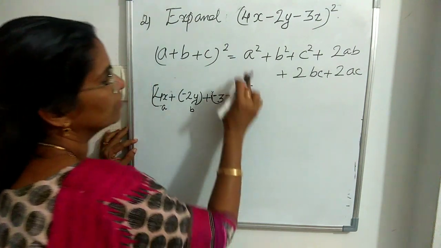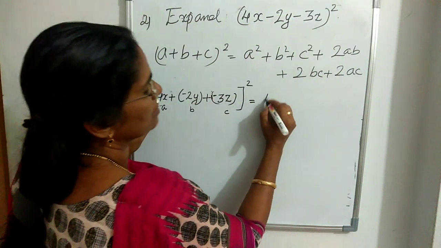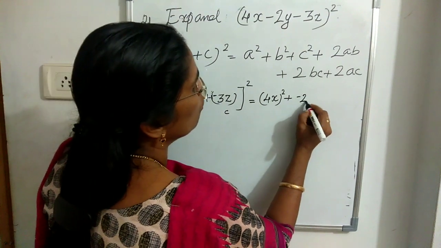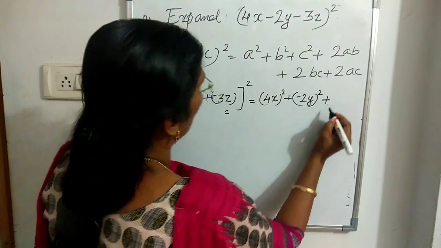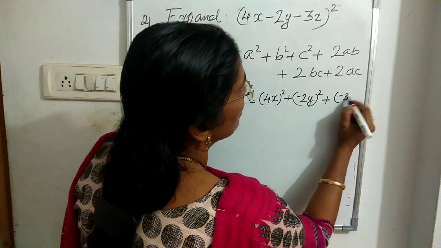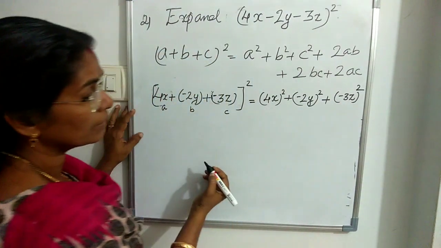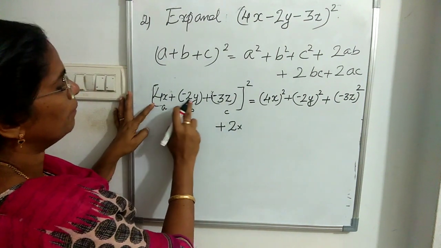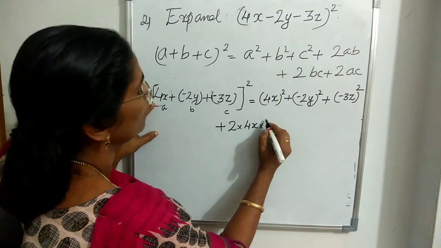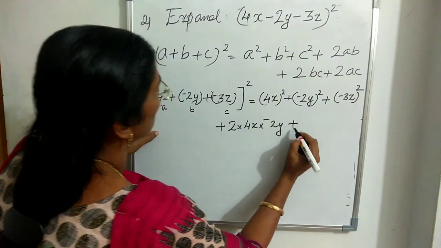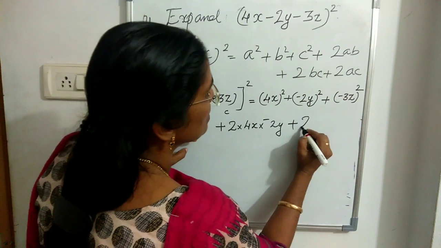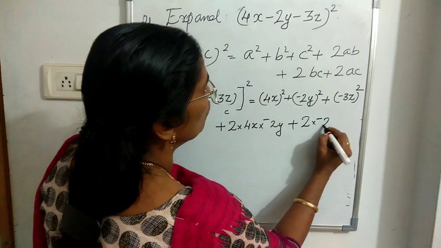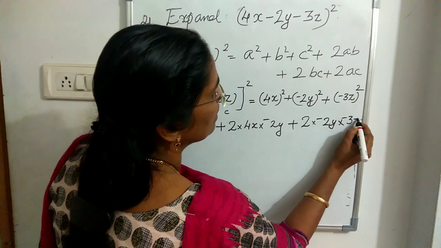Now we can expand. Instead of a, what do we have to write? (4x) whole square plus b means (-2y) square, plus c, (-3z) square. Okay. Next term 2 into ab: it is 4x into (-2y). Plus next term 2bc: 2, b and c, that is (-2y) into (-3z).